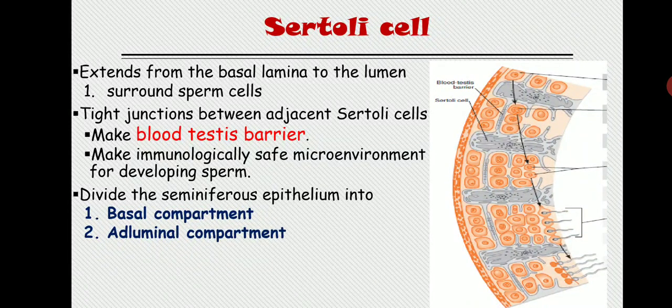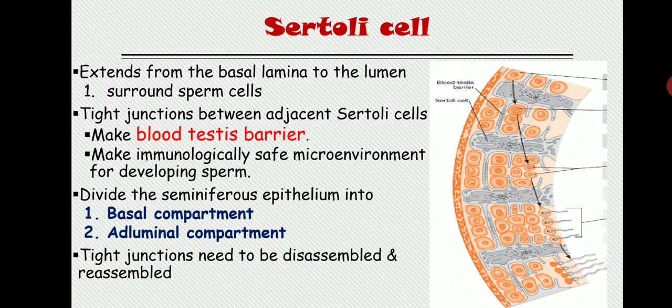And this is the spermatogonia. In order to release this spermatogonia inside the lumen, this blood testis barrier has to break and then reassemble. Got it? So tight junctions need to be disassembled and reassembled in order to release the spermatogonia inside the lumen. Clear?